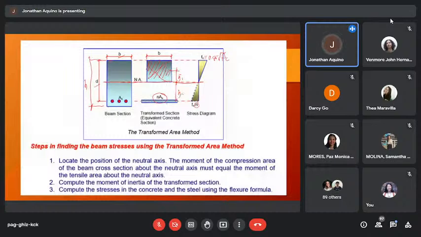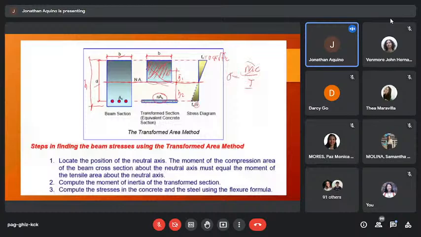So once you solve for the neutral axis, okay, then compute for the moment of inertia of transform section. So ang i-consider nyo na determining for the moment of inertia is yung compression above plus the equivalent converted transform area ng steel. And then using the stress formula, stress is equal to Mc over I, you can also solve for the moment capacity of the section.